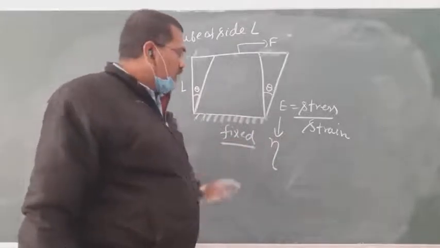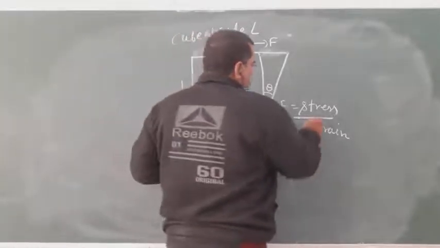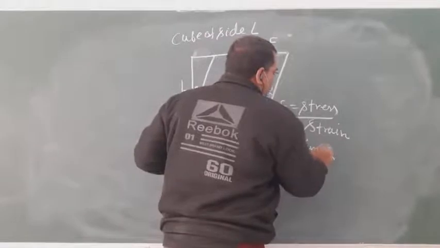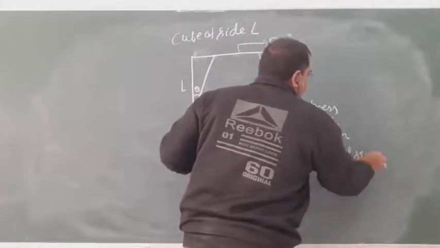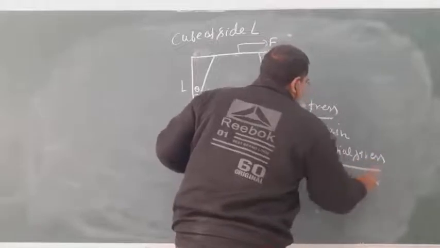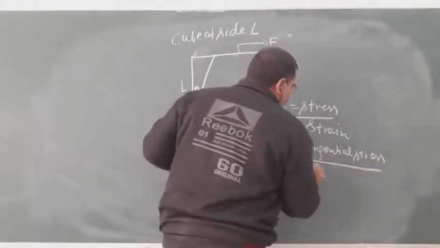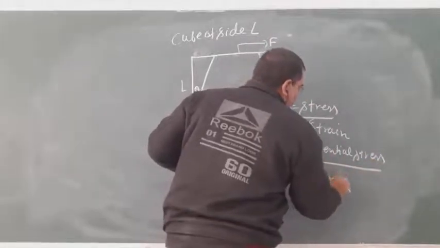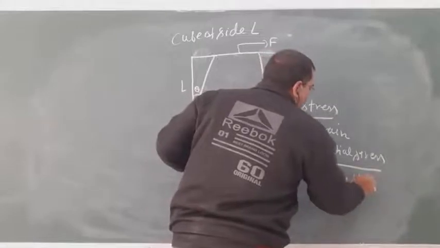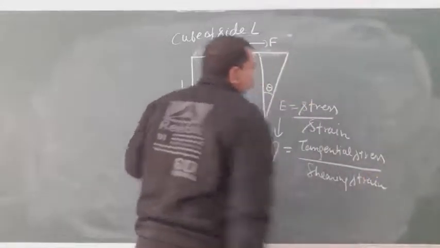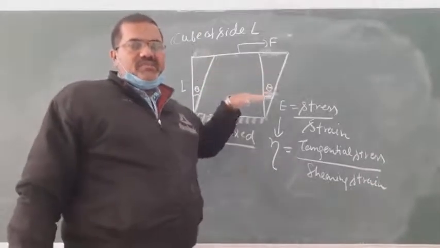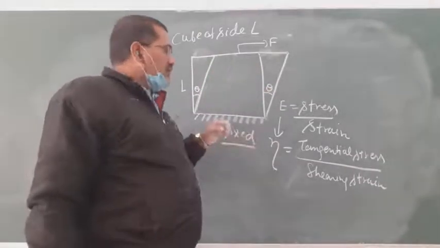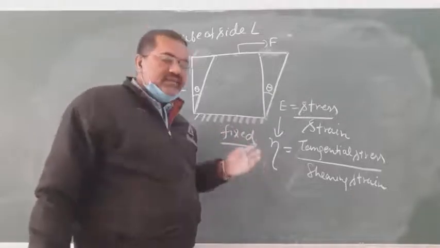So modulus of rigidity: stress is tangential stress, and strain is shearing strain. Because the force acts along the surface, parallel to the surface, the stress is called tangential stress.